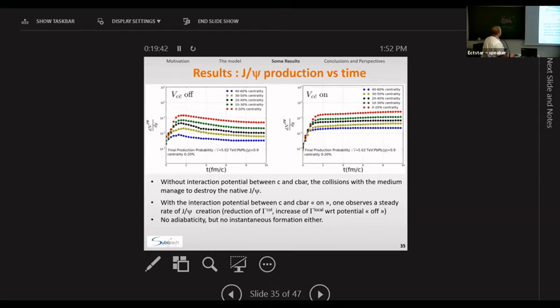And here, let me differentiate two sets of curves. The one where the c-cbar potential is turned off: what you see is that after the local production, this Rapp-Mehl collision term will basically destroy most of the J/psis that have been created. So we get rather small numbers at the end. While if you put this potential on, then in fact the J/psis will keep on accumulating.